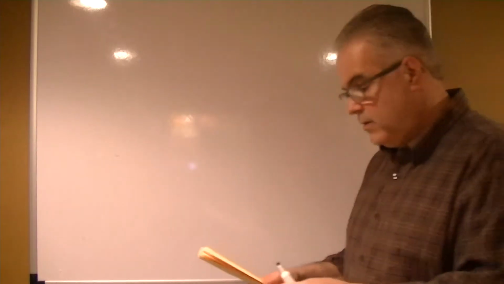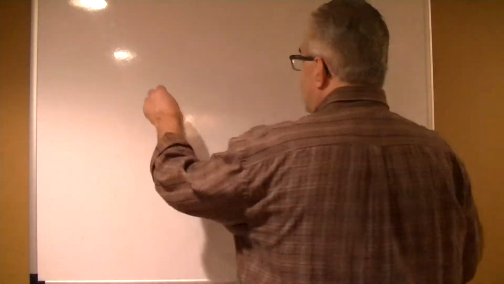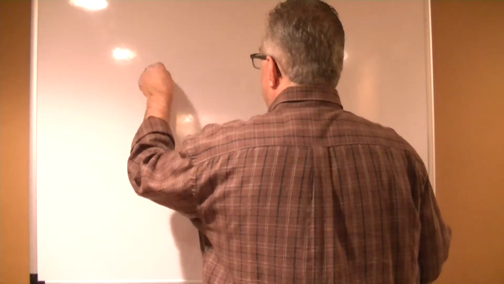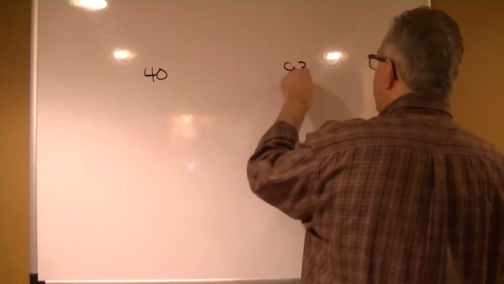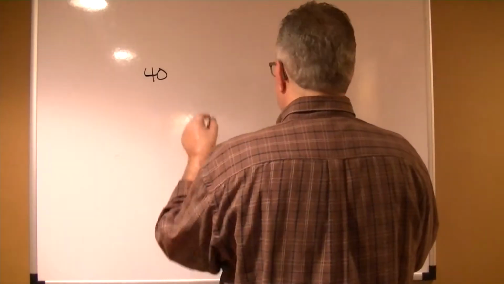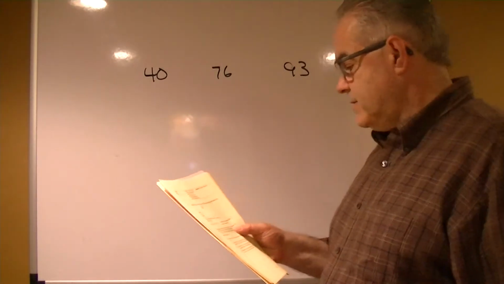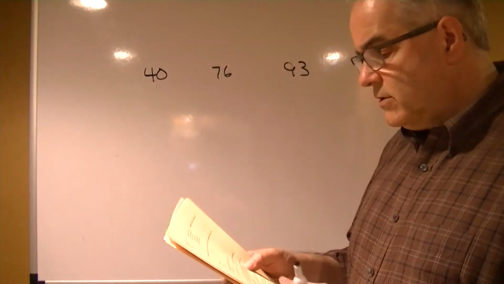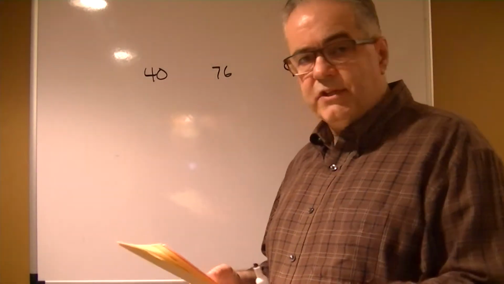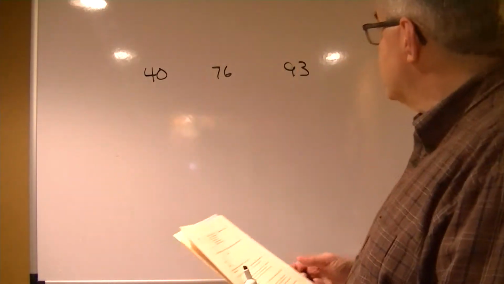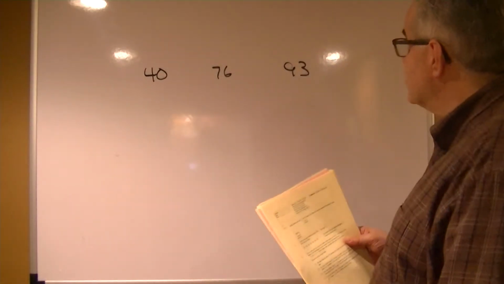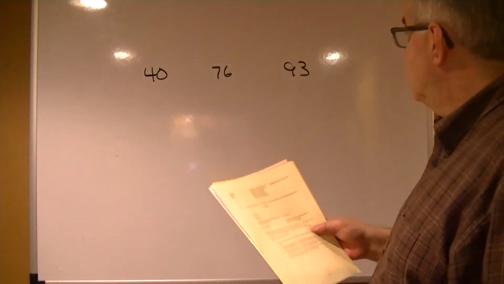I have 40 on the low end, 93 on the high end, and we had a mean of 76. Which of the following is the most realistic value for the standard deviation?